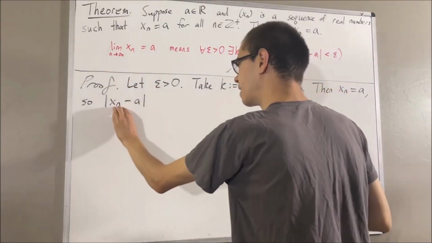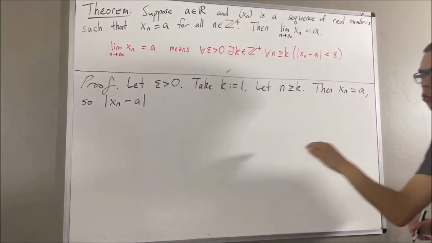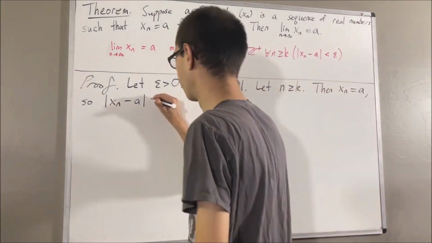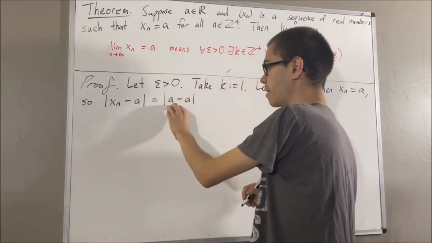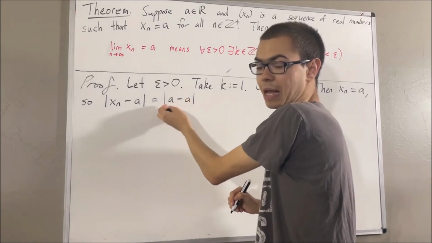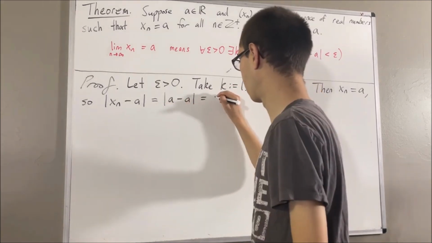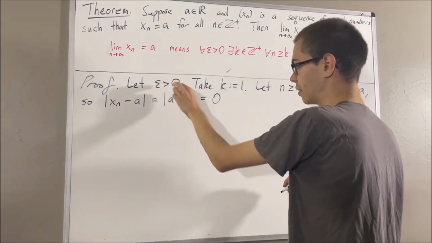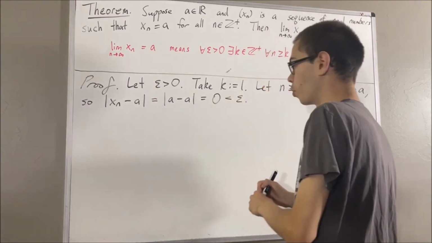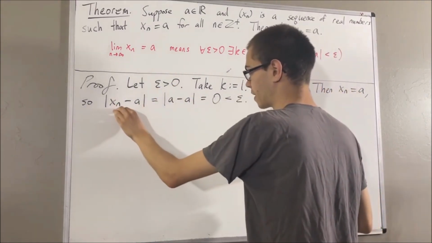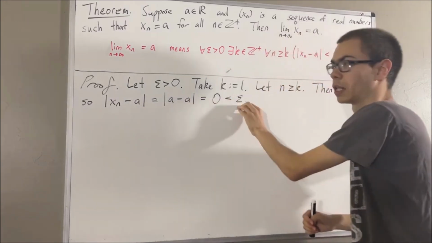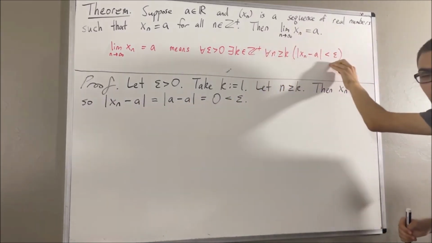Now, since xn is equal to a, we can substitute xn for a. And a minus a gives us 0, and the absolute value of 0 is just 0. But we know that 0 is less than epsilon. So what we've shown here is the absolute value of xn minus a is less than epsilon. Exactly what we wanted to show.